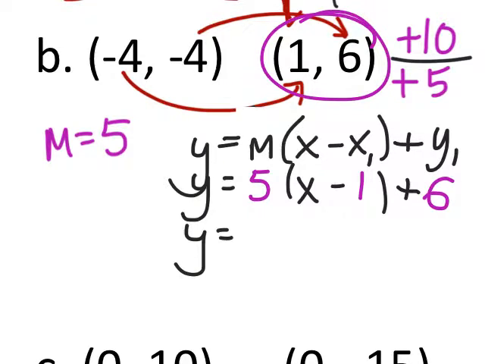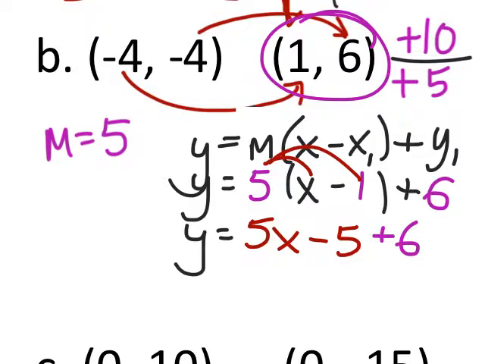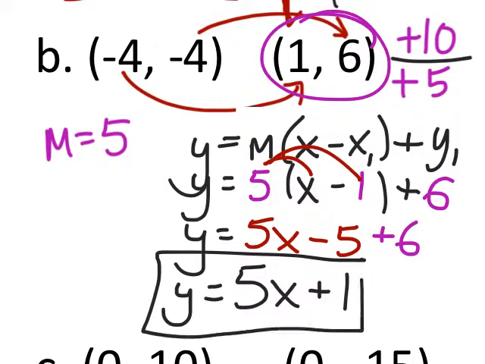And from here, what we need to do is distribute the 5. So we'd have 5x minus 5, and that's still plus 6. So we have y equals 5x, -5 plus 6 is going to be a positive 1. And you remember, that's the same thing that we just barely got. So you get to choose which way you like the best.